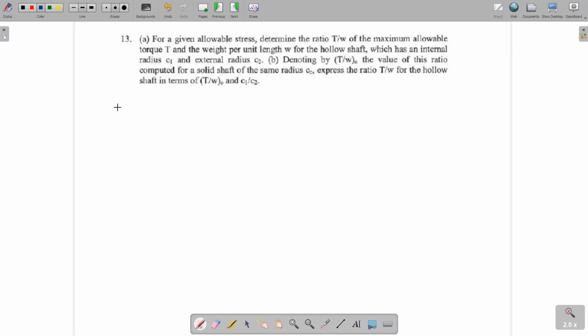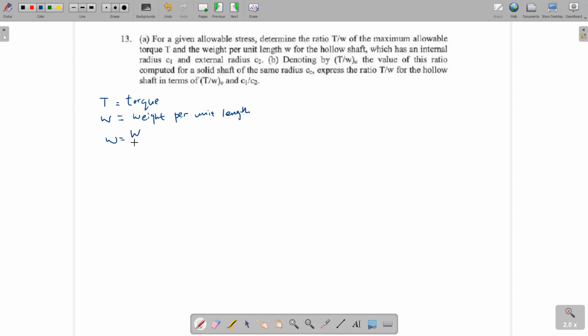There are two parameters here. First of all, T is the torque. That is already quite obvious to everyone, and this is something less obvious to most people. Lowercase w. That is the weight per unit length mentioned in the question. And what does it mean by weight per unit length?